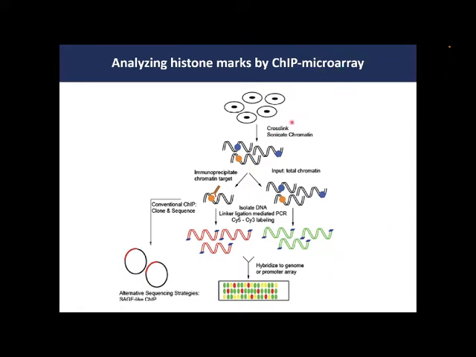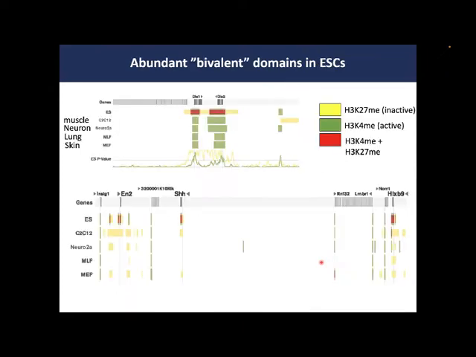It's cross-linking and sonication to fragment the DNA, and then using specific antibodies, in this case the K4 methylation antibody as well as the K27 methylation antibody, which represent active chromatin and inactive chromatin. And then they hybridized these fragments to the microarray and examined the frequency of these marks in the genome.